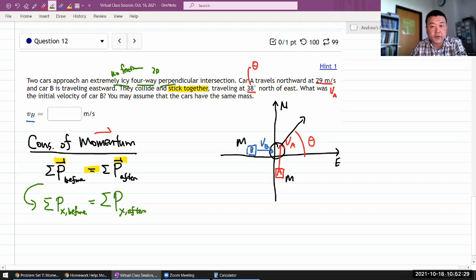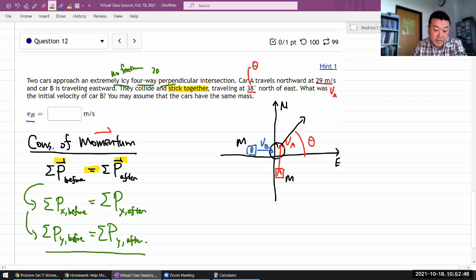These different components are individually conserved. And the same deal for the y direction. Total momentum in the y direction before is equal to the total momentum in the y direction after.